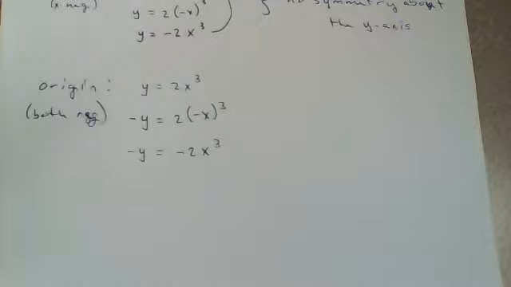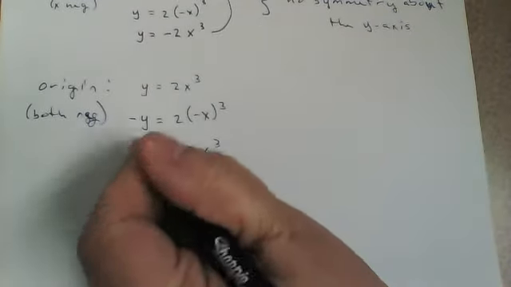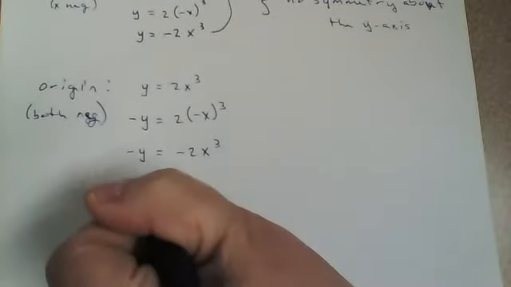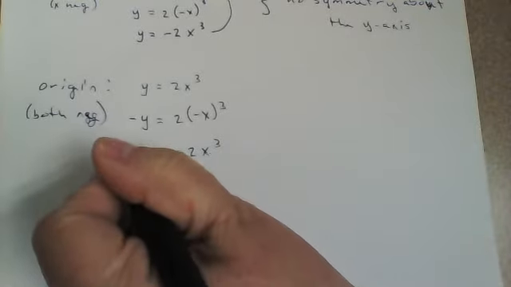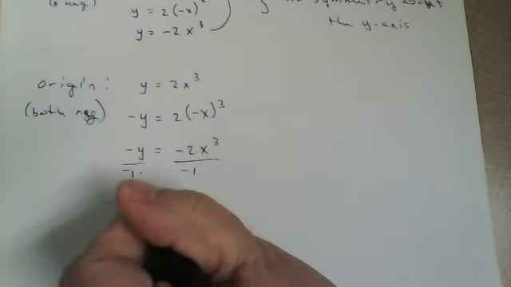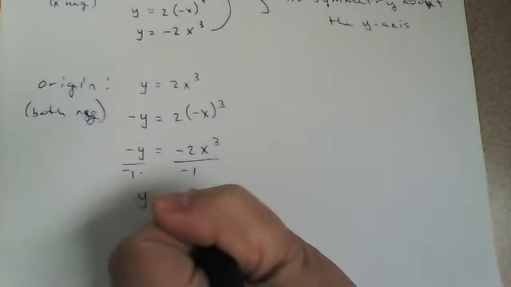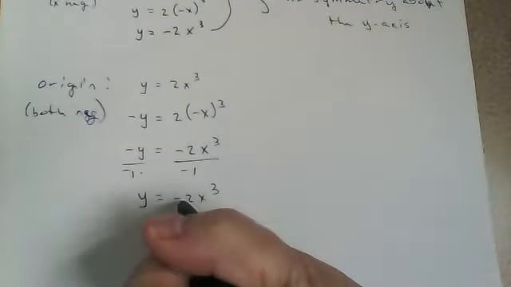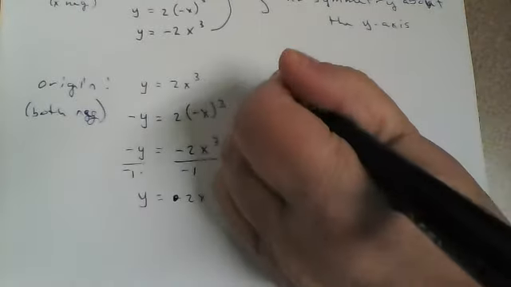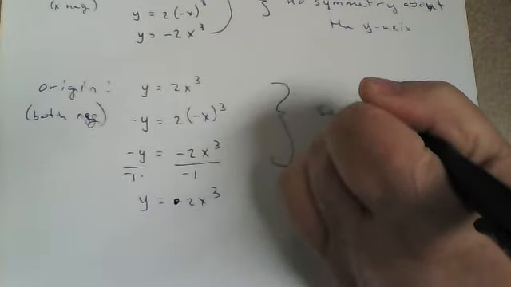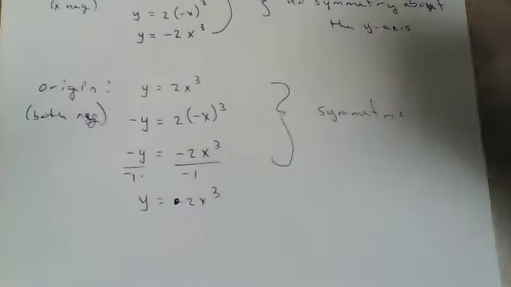These are equivalent because if I divide or multiply both sides by negative 1, which I can do as long as I do something to both sides, I would wind up with y equals negative 2x cubed. These are equivalent statements. Sorry, not negative. If it was going to be negative, it wouldn't be. So this is symmetric. And when it asks you to test for symmetry, that's what it's asking you to do.